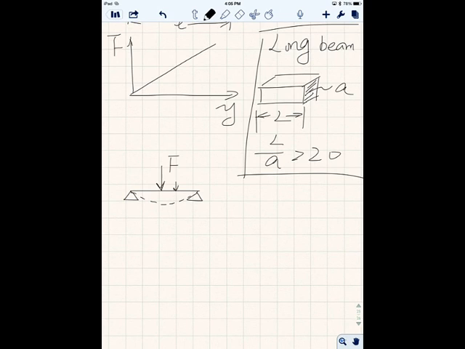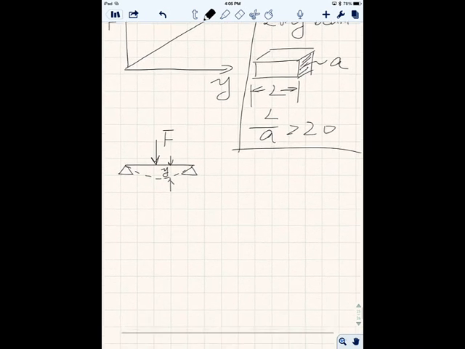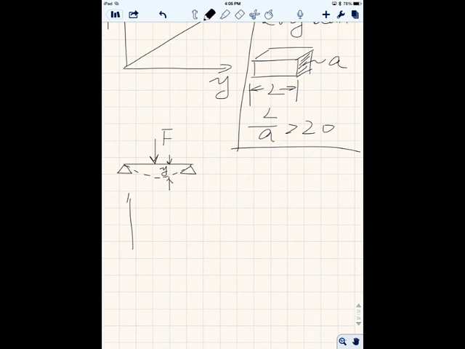You will also see displacement across the original and the deformed shape, right? Now, in that case, what you have is a non-linear relationship between F and y. So this is for a short beam.